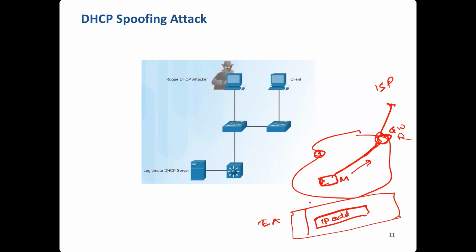Now if this attacker supplies a wrong or malicious gateway router address, it may have some IP address corresponding to a rogue machine or its own machine, right? So it will advertise its own machine's IP address as the gateway router's IP address.